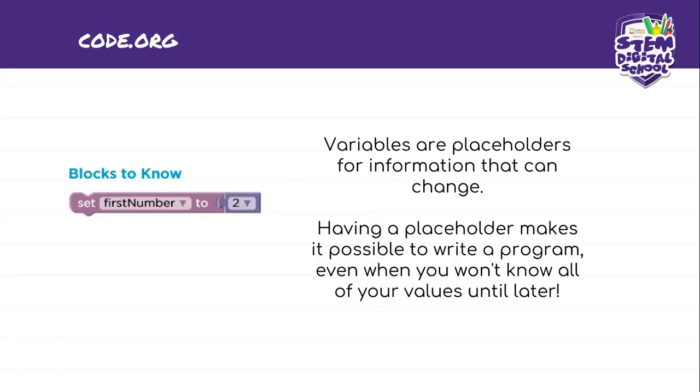But with variables, we will set it once at the start of our code, and we can go and change it at the start of our code. And once you change it there, it changes throughout your entire code. And here, let's quickly read. Having a placeholder makes it possible to write a program even when you don't know all of your values until later. Okay.